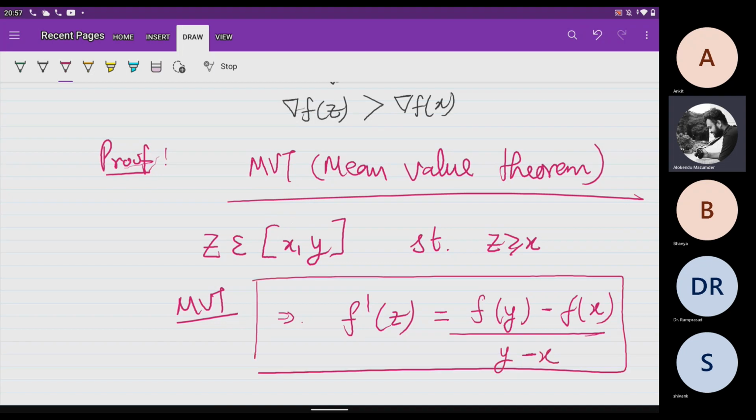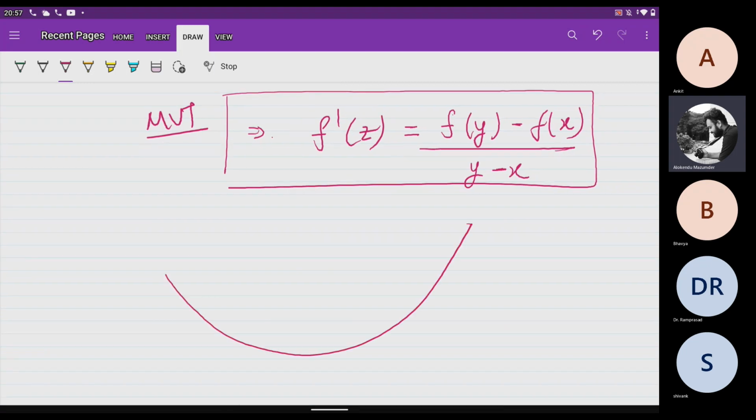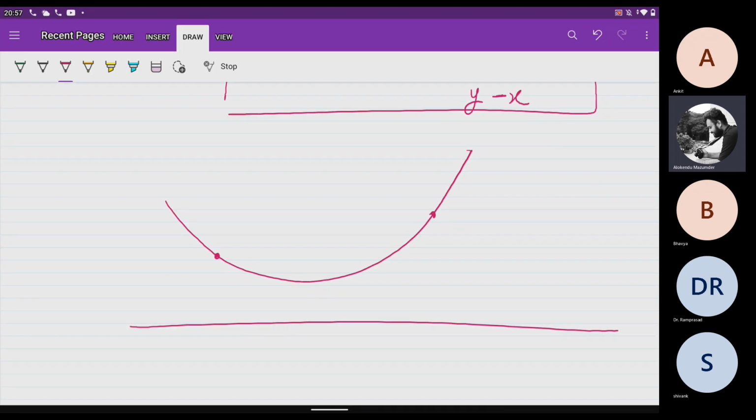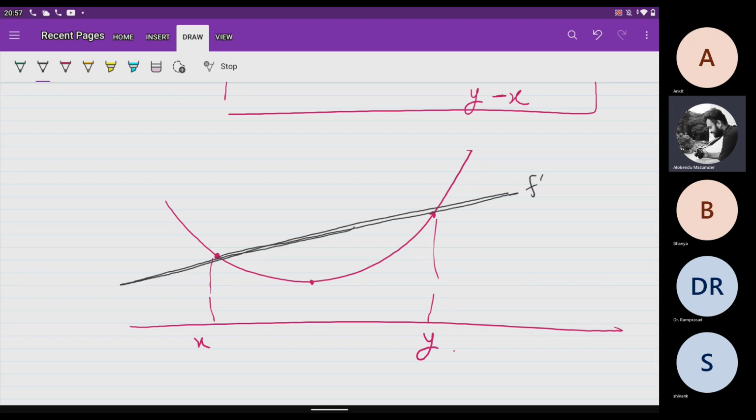Let's say you have a function over here, and these are the points x and y. If I draw a line here, what will be the slope of the line? The slope will be f(y) minus f(x) over y minus x, right?